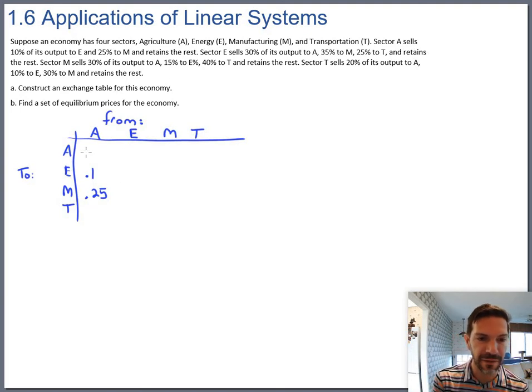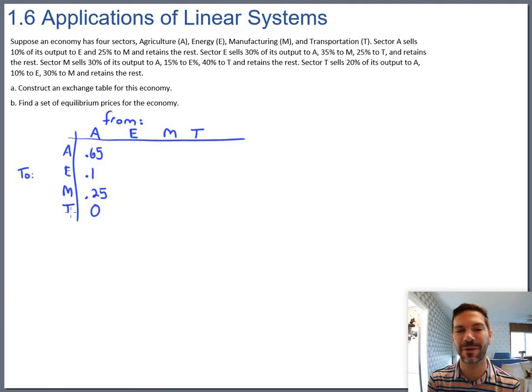It's 25, 35, so 65% retains for itself. So 65% goes from agriculture to agriculture. And that means 0 goes to transport. Hopefully, at some point, a lot of agriculture will be creating biofuels that'll go to transport. But anyway, that's not the assumption in this model.